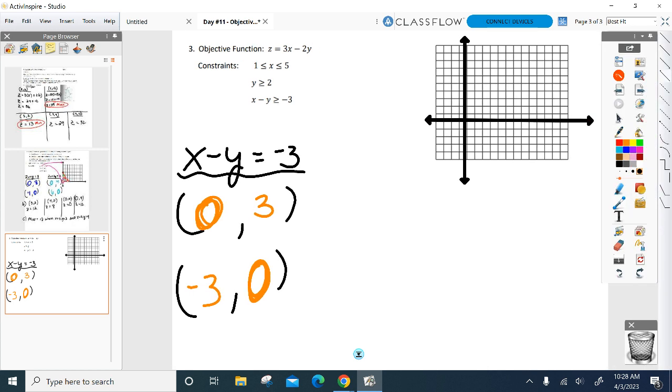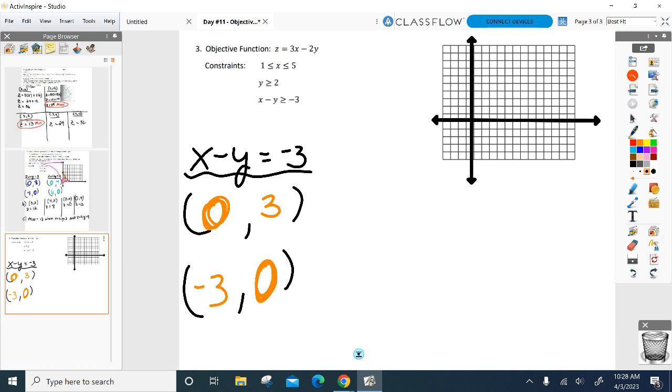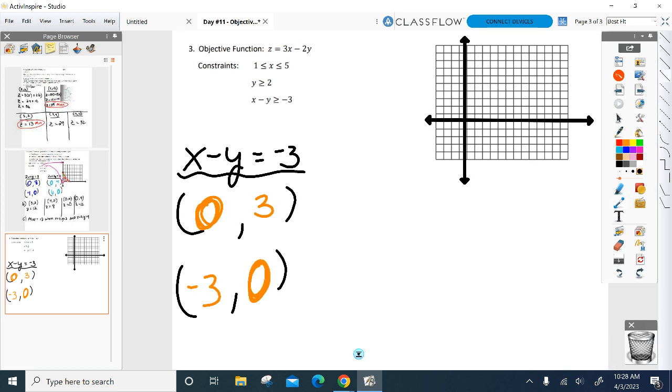All right, let's do the 2 vertical lines first at 1 and 5. Yep, good. I like those straight edges here. 2, 3, 4, 5.